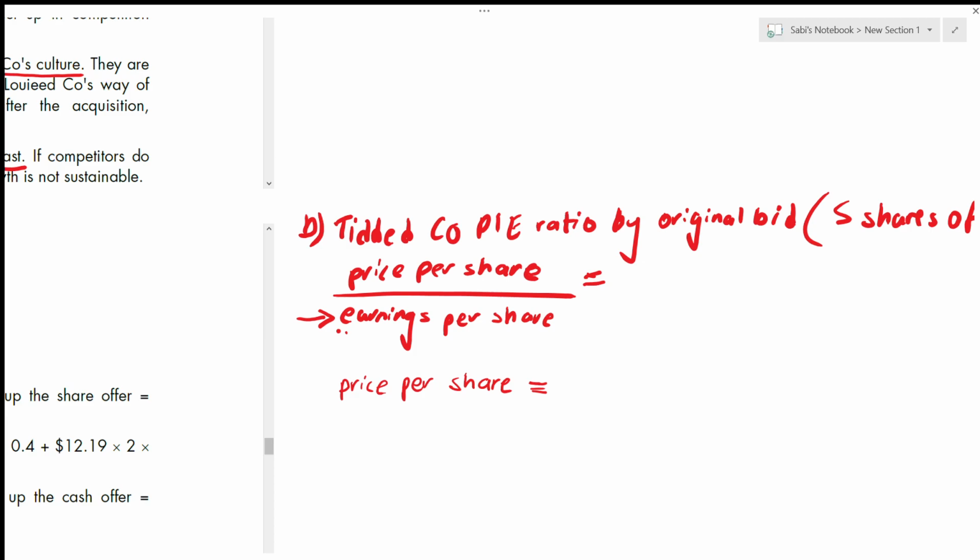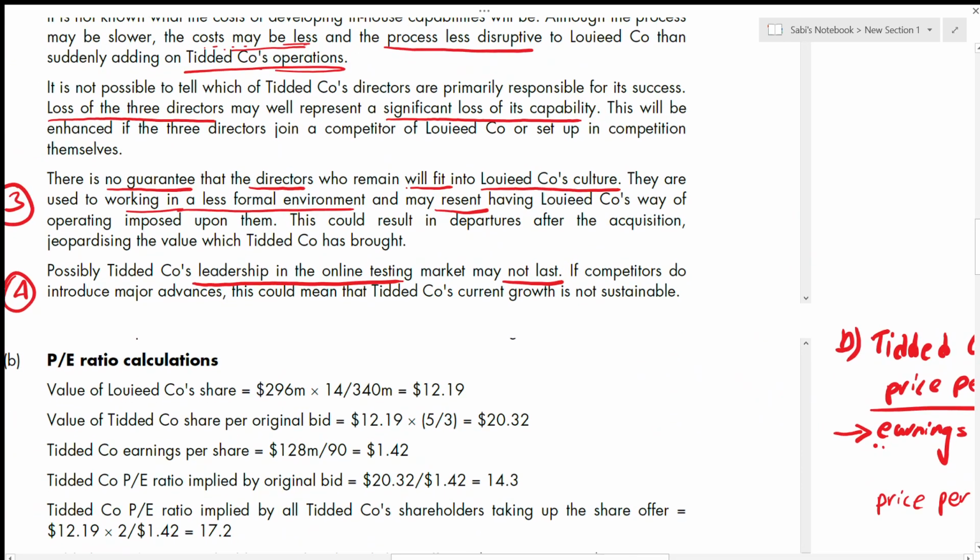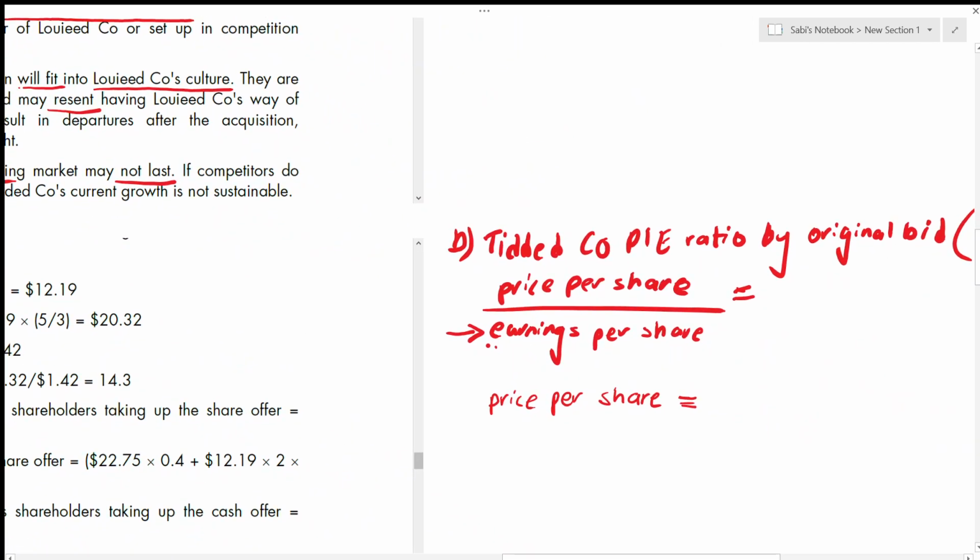Now to find for the traded company, first you have to find for the L company. Price per share of L, that is L's company. First you need to find L's company.